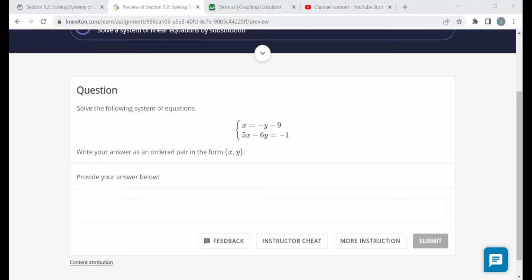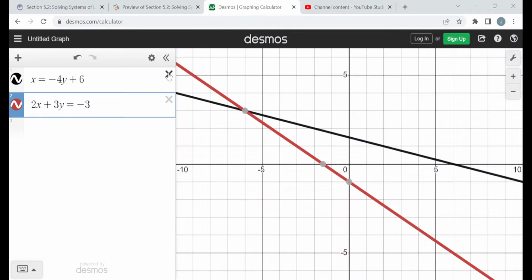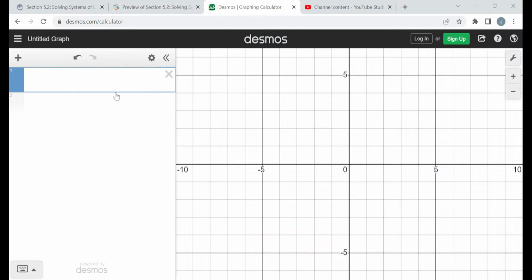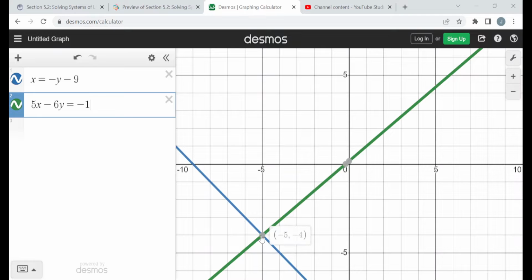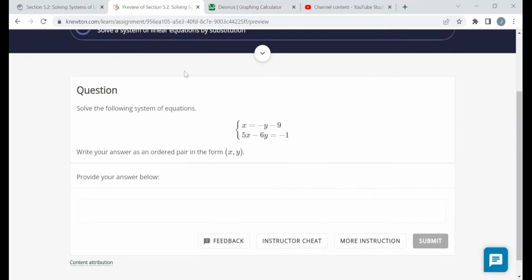I'm going to go to the graph. Desmos. X equals negative y minus 9. There's that line. And then 5x minus 6y equals negative 1. And you can see right away where they cross there at negative 5, negative 4, which is exactly what I had.